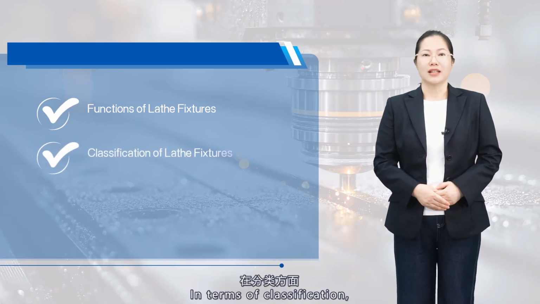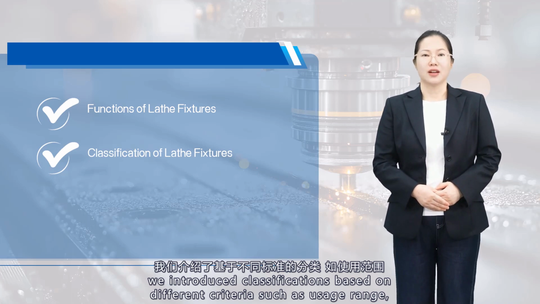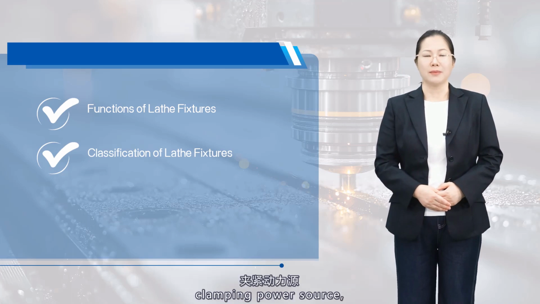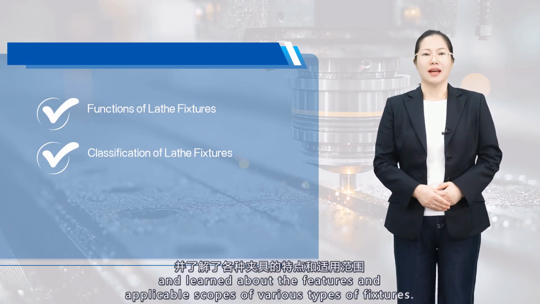In terms of classification, we introduced classifications based on different criteria such as usage range, clamping power source, and structural characteristics, and learned about the features and the applicable scopes of various types of fixtures.